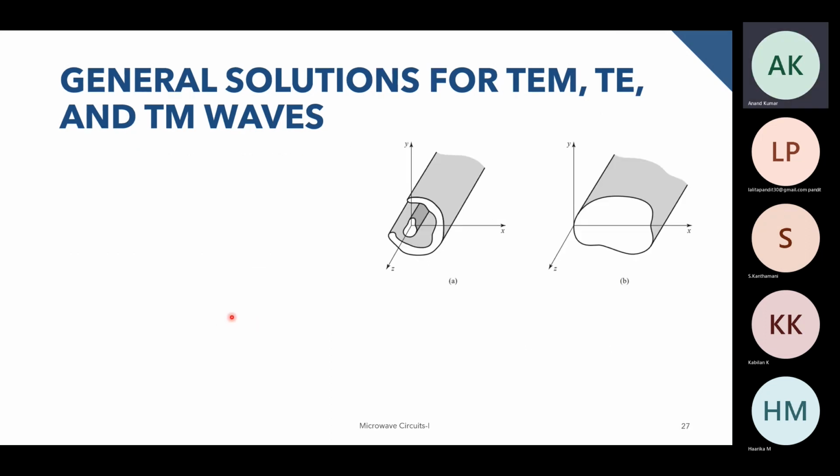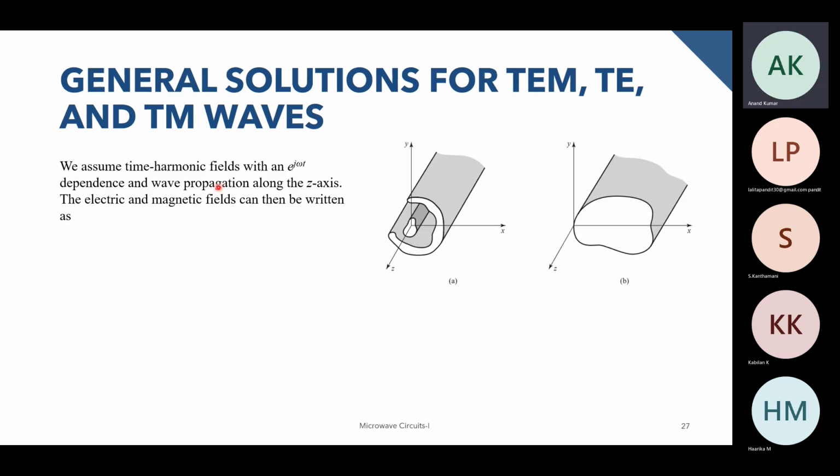If we assume we have time harmonic fields, we can write these fields with e power j omega t dependence, and we are assuming the wave is propagating along the z axis. So the z direction is the longitudinal direction, and x and y are the transverse directions. Now we can write the electric field and the magnetic field in these forms.